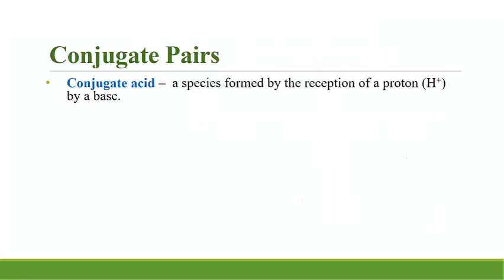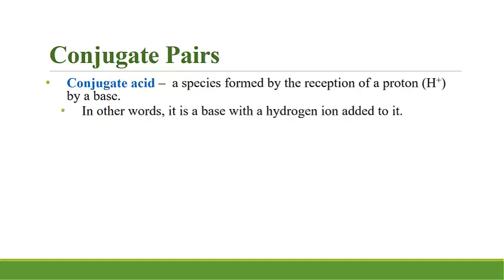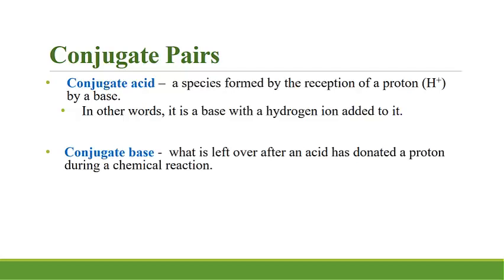Okay, so conjugate pairs. A conjugate acid is a species. Remember, species is anything that's involved in a chemical reaction. It's a species formed by the reception of a proton, or hydrogen ion, by a base. So in other words, it's a base with a hydrogen ion added to it. A conjugate base, on the other hand, is what's left over when the acid donates or loses that hydrogen ion.